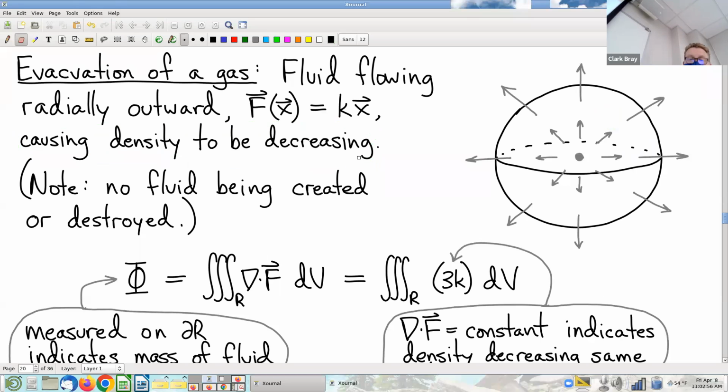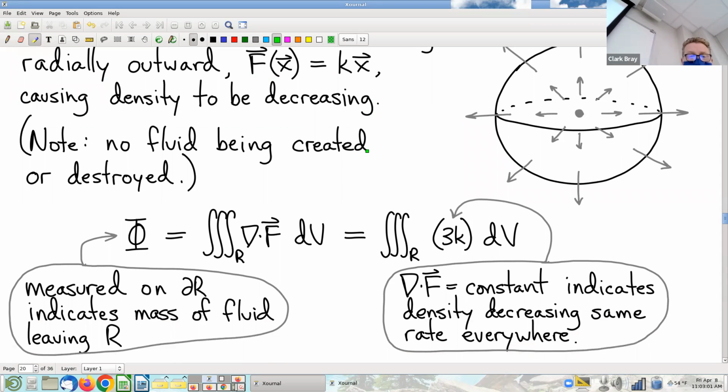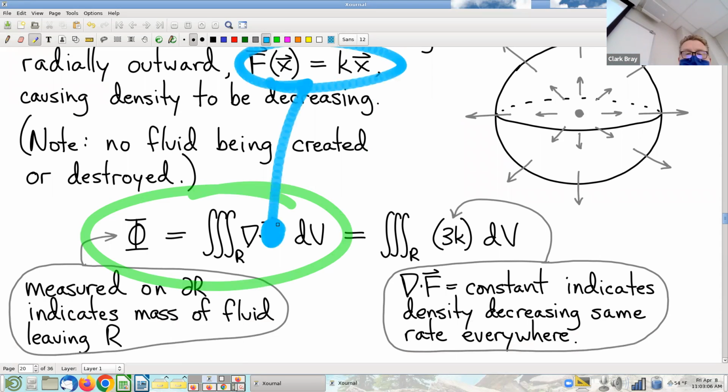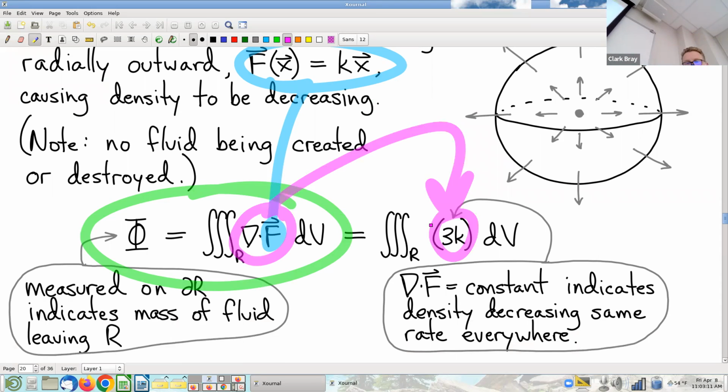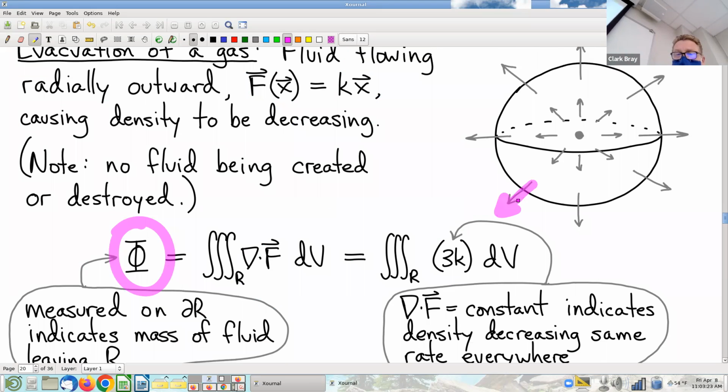So the interpretation of the divergence theorem here is a little bit different. Here's the divergence theorem. You can take this vector field, pop it into there, and compute the divergence. The divergence ends up being a constant. The interpretation I take is that the flux here represents gas leaving the region.